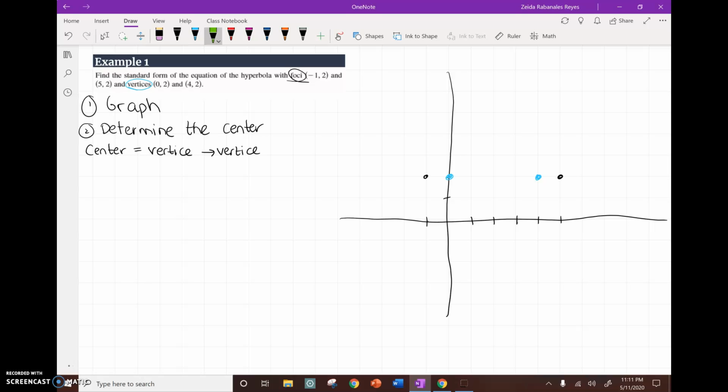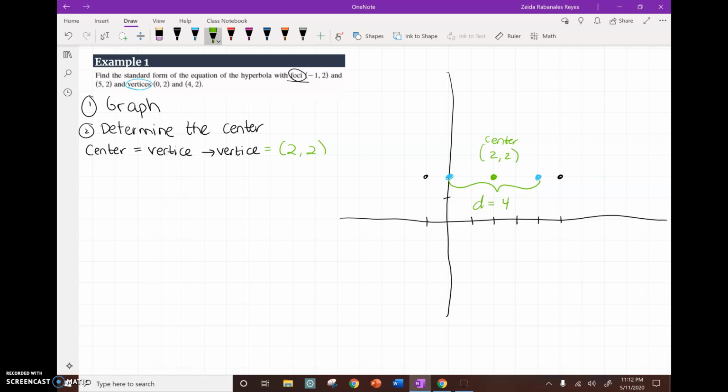So the distance from there to there is 4. So my center should be in the middle. So then I have a center at 2, 2. So then this is 2, 2.